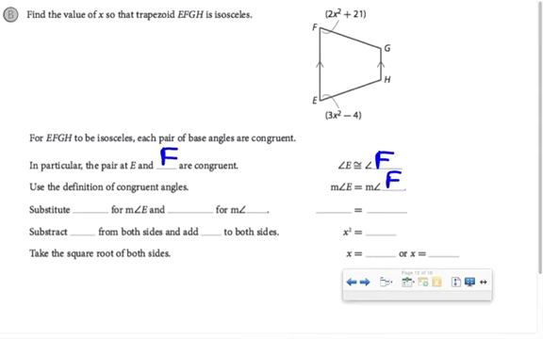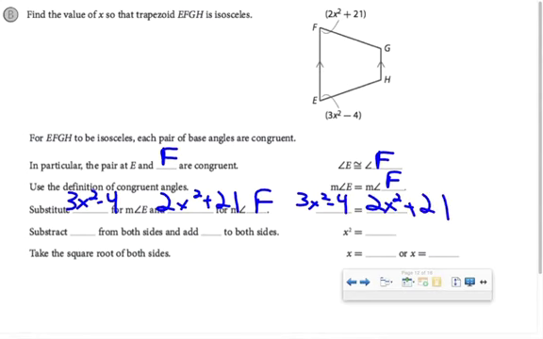And so I'm going to substitute 3x squared minus 4 for the measure of angle E and 2x squared plus 21 for the measure of angle F. So now I have the equation 3x squared minus 4 equals 2x squared plus 21.